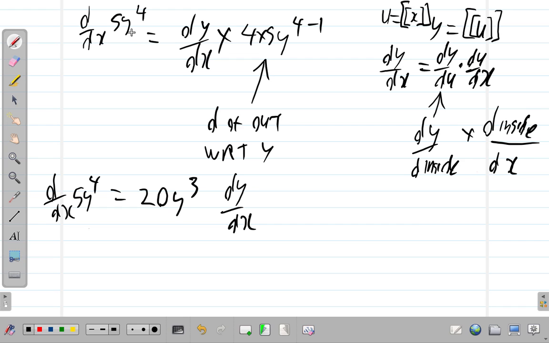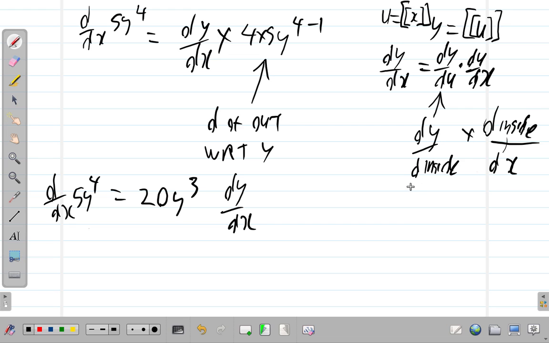Now let's look over here. y is the inside function and 5y to the 4th is the outside function. Here, if you should find d of the inside function by dx, you would be saying dy by dx.